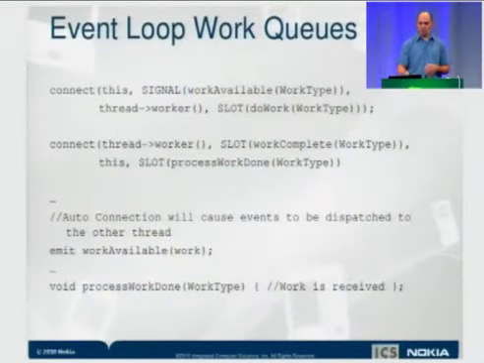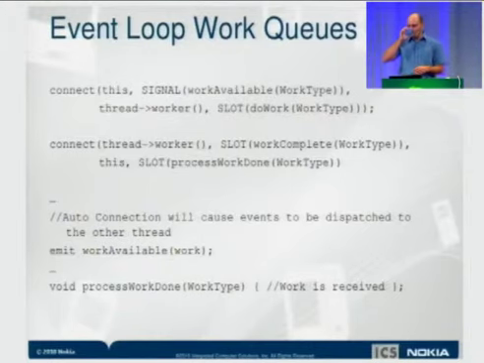So here we're using two connects to send work and get work back. Here we are using our own signal, workAvailable, and it has a work type. As long as this is QVariant compatible, you can pass whatever data you want across cross-thread signals and slots. We have a pointer to our thread, which has a member called worker. We get a pointer to the worker, and it has a slot called doWork.